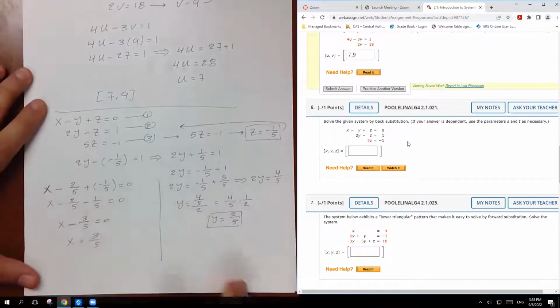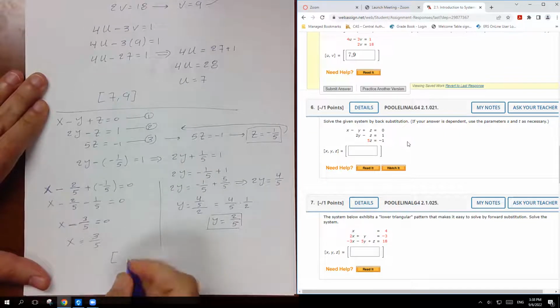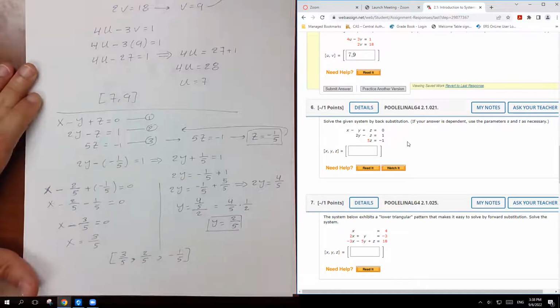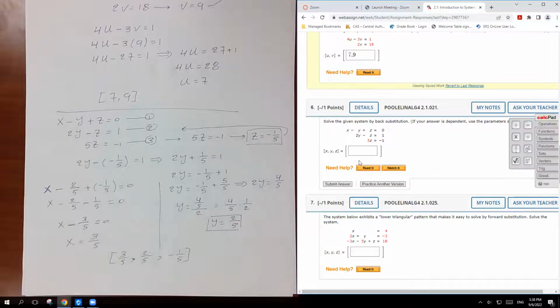So the solution set for this system is going to be x, which is 3 over 5, y is 2 over 5, and z is negative 1 over 5. This is the solution set for this example. We can type it here.